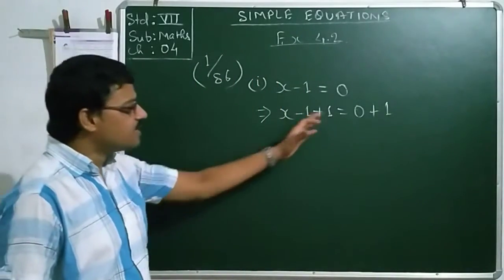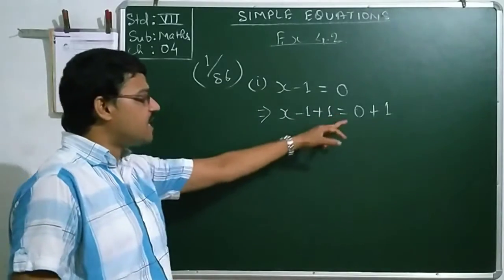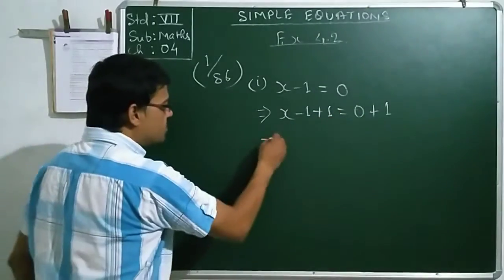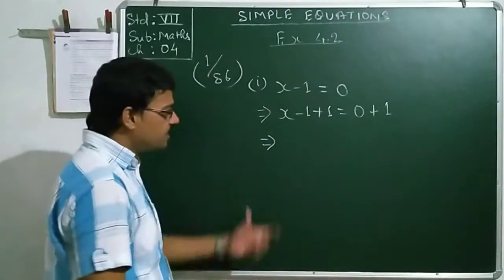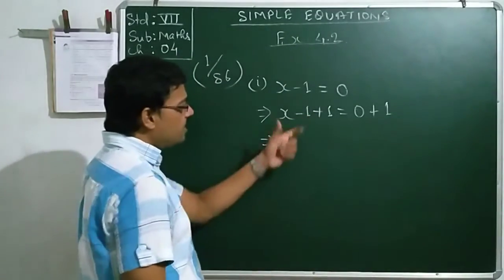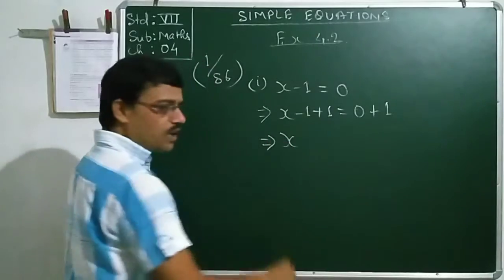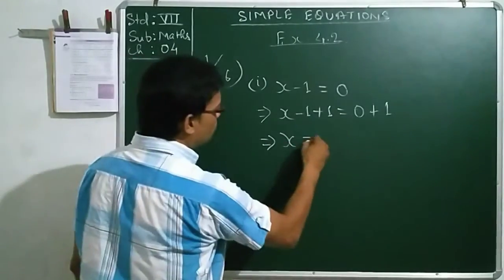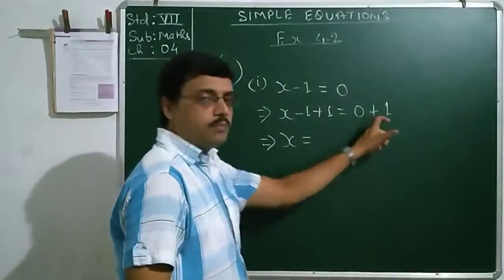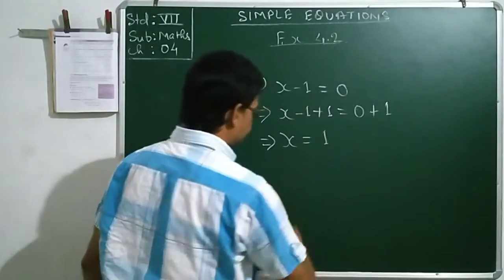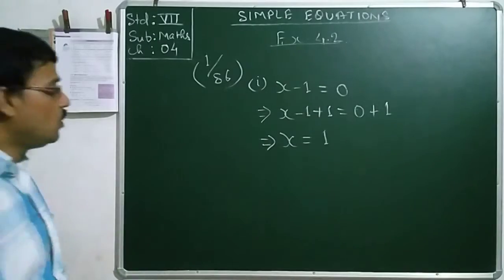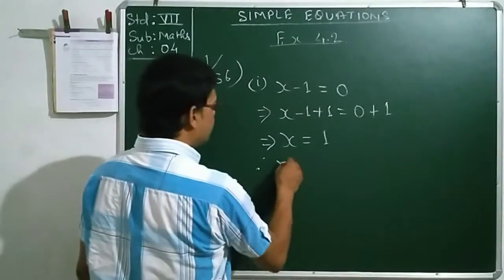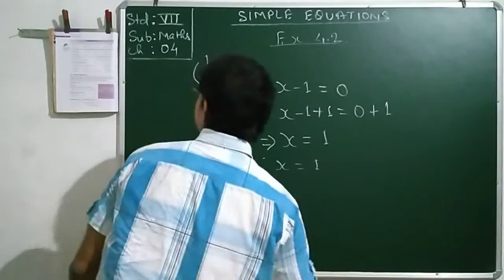And if we add the same value in the RHS, that is 0, then in the next step we will get x minus 1 plus 1, that is 0. So it is x only equal to 0 plus 1, that is 1. In this way you can find out the value of x equal to 1.